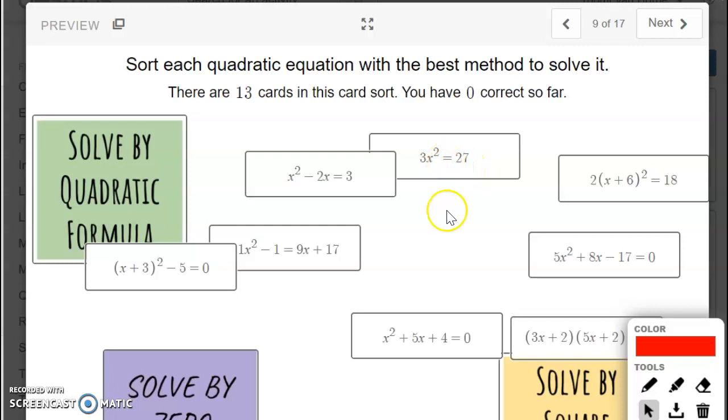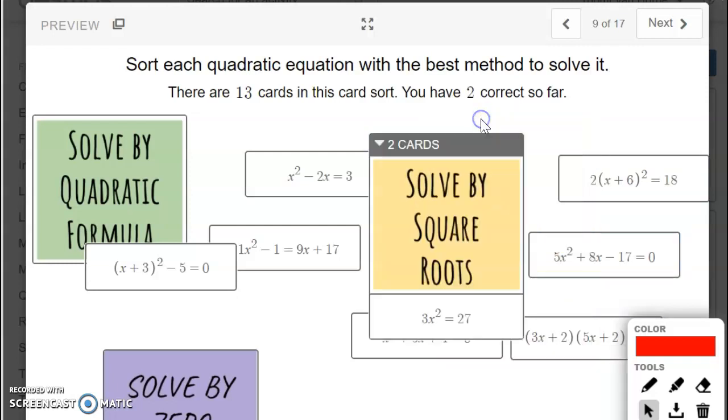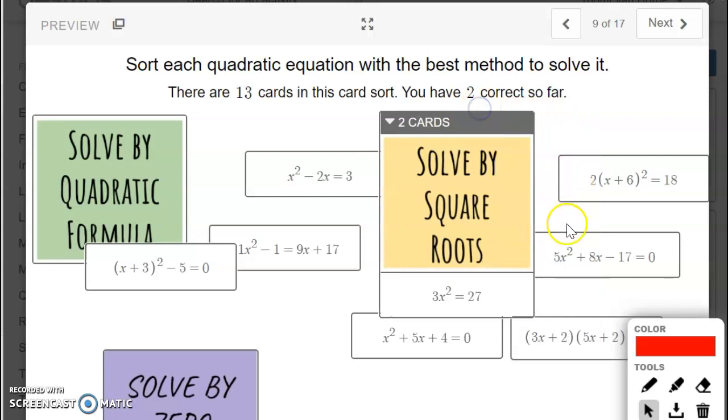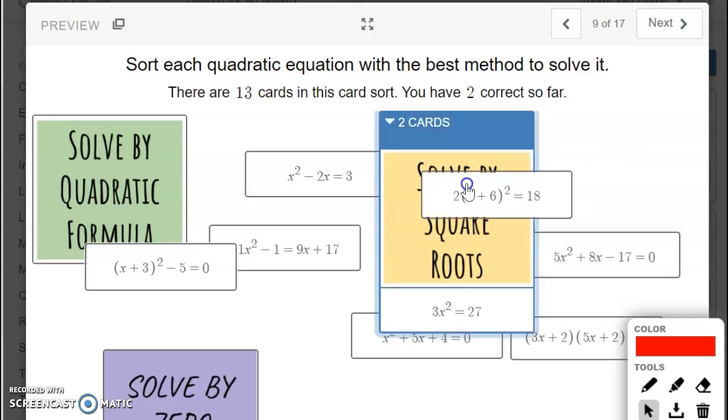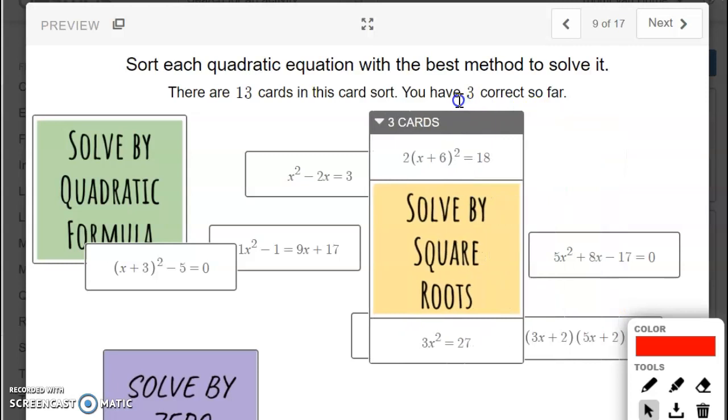So that means I can solve this by square rooting. So I am going to move my method right there and move that here. Alright, this is also something squared is equal to another constant, so that means I can use the square rooting method.